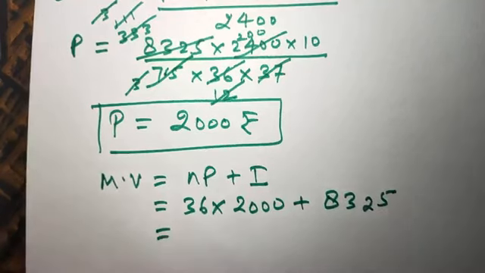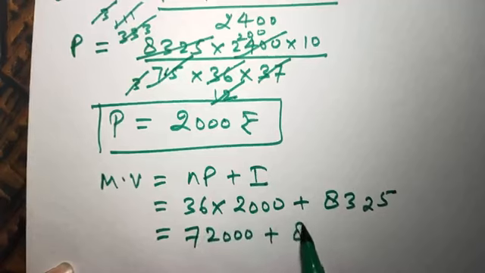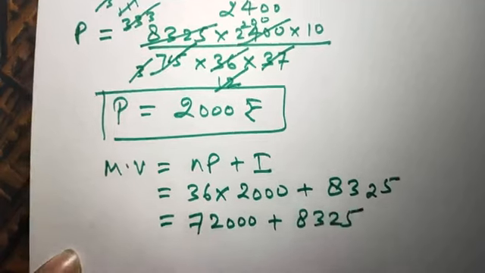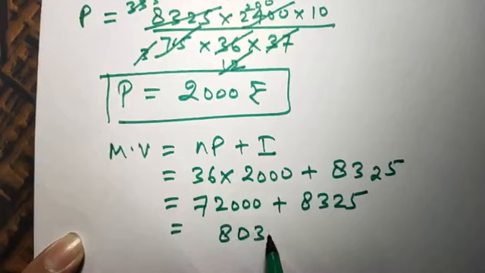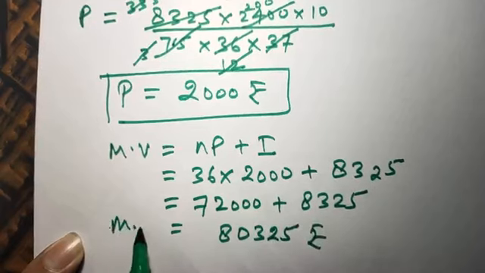So when you solve this, you will get 72,000 plus 8,325. Add these two, you will get 80,325 rupees. So this is the maturity value.